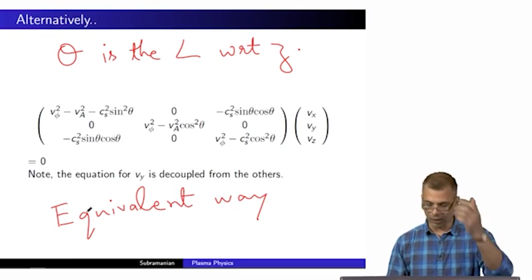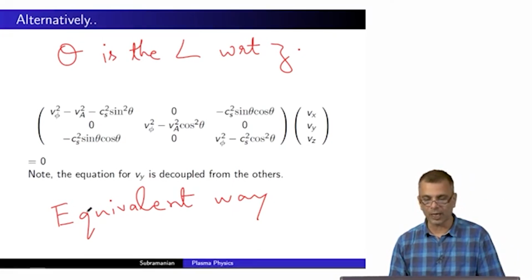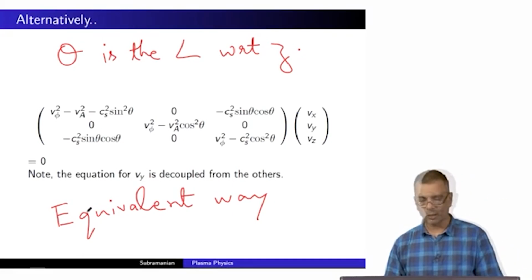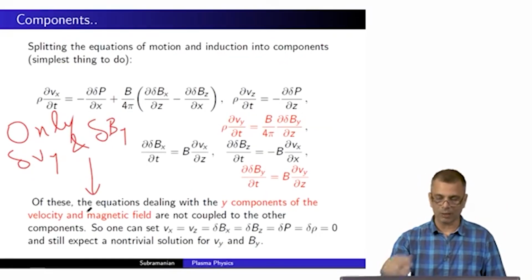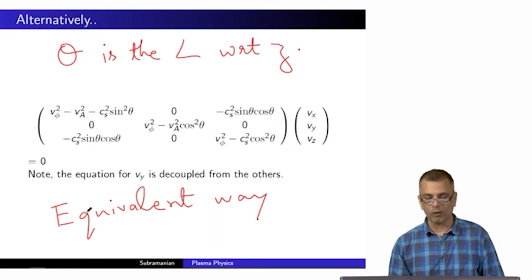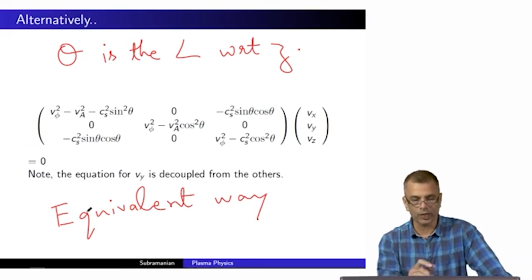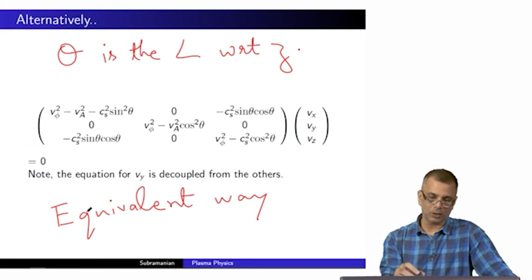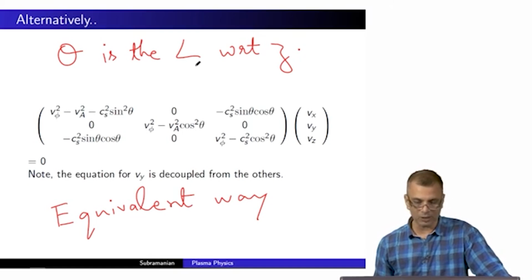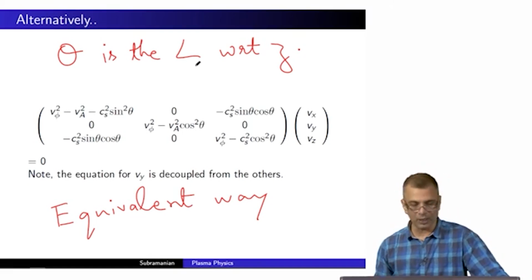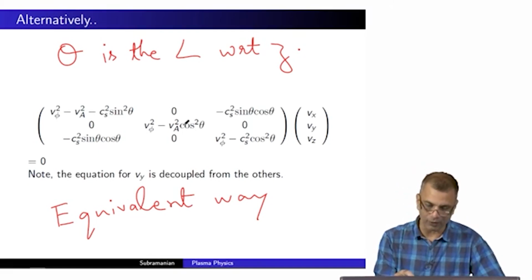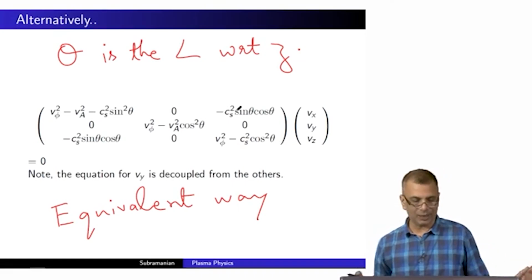Alternatively, I would say never mind this slide. This is exactly the same as this, written in a slightly different form, written in terms of theta, which is the angle with respect to the z-axis, and we have already introduced the Alfven velocity and the sound speed. It's exactly the same.